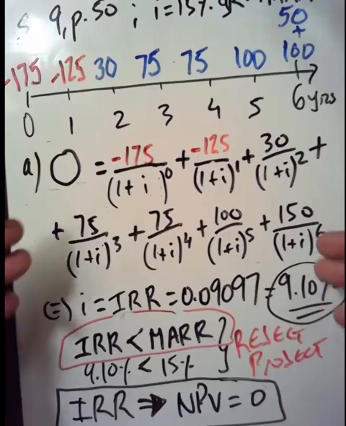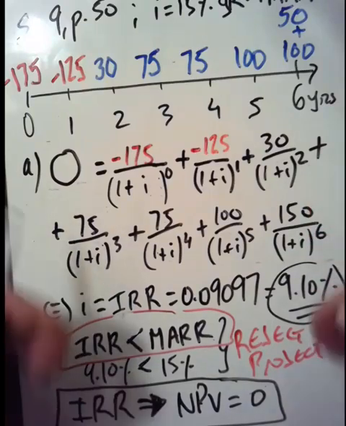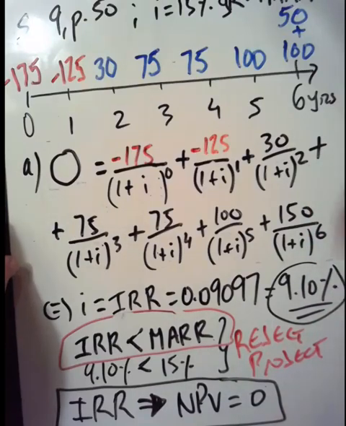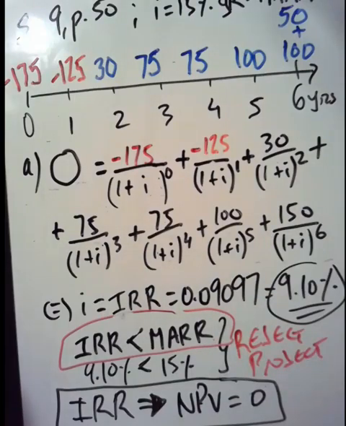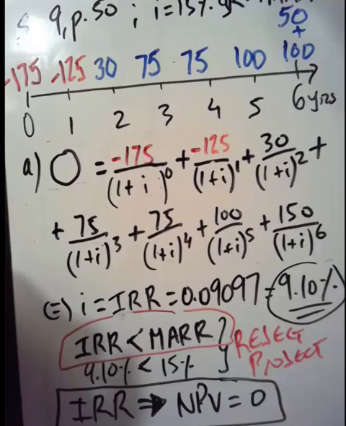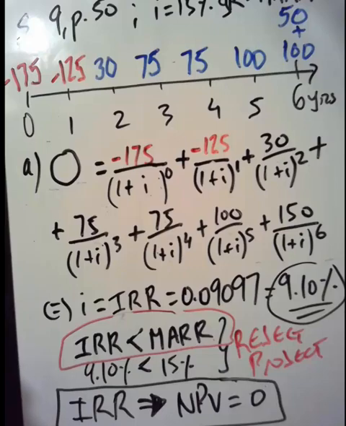However, in this specific question, they did give a consistent answer. They both said reject the project. I just want to alert you that this does not necessarily always have to be the case. Later on, in chapter 6, we will discuss the reasons why. We're going to come back to this issue.